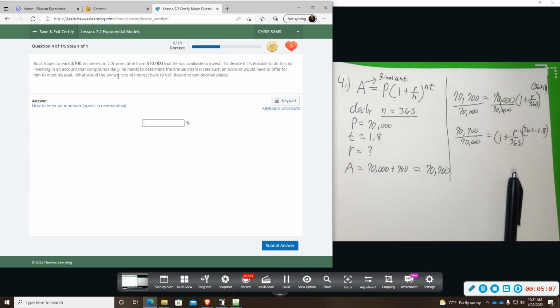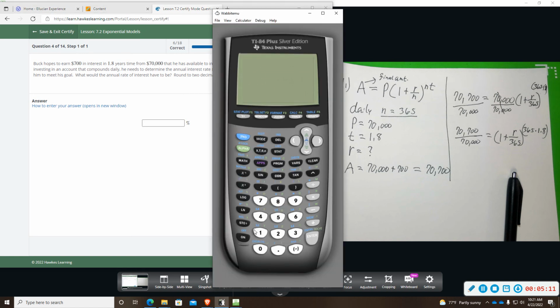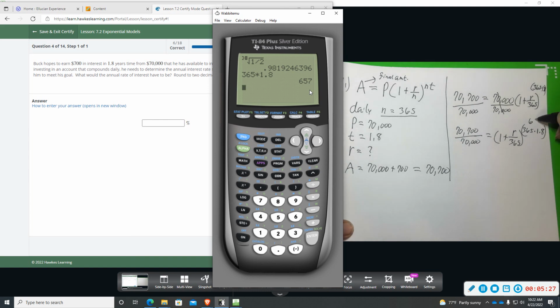Let me see if that's a nice number that I can write down. 365 times 1.8. Alright, so that's 657. So that's going to be nice to write down. So we have to do the root of that to get rid of this power.